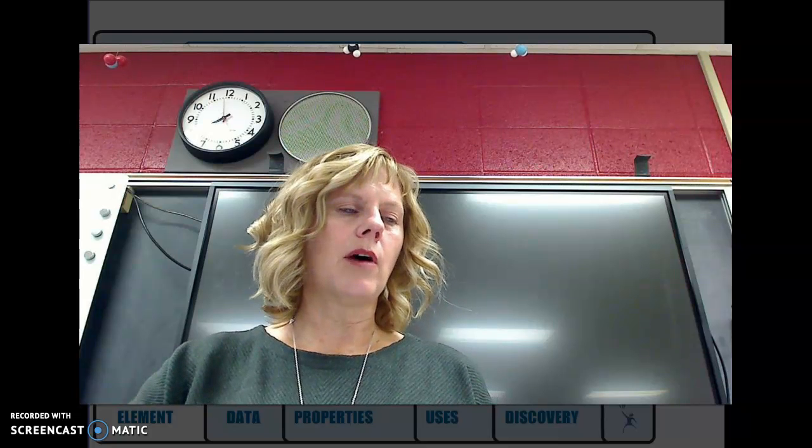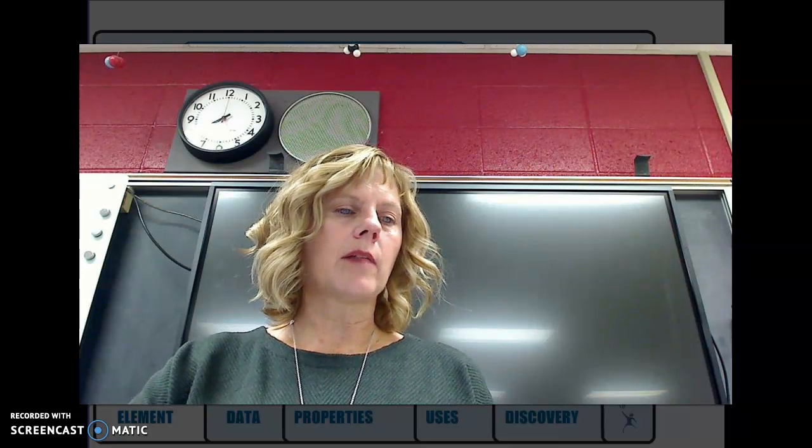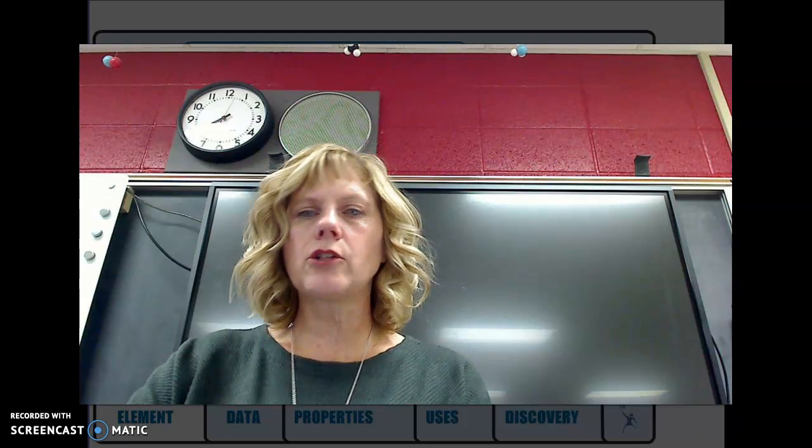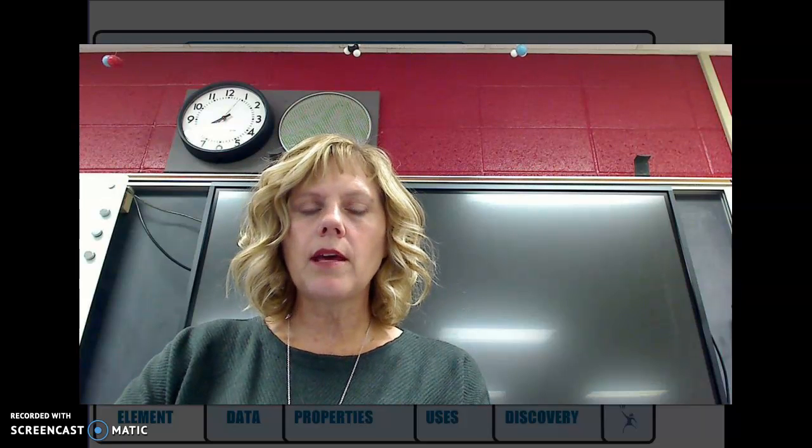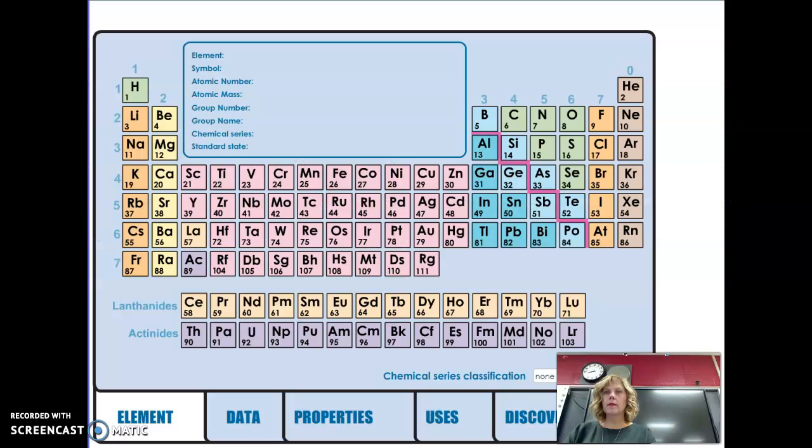It says find all the elements that end with a single s electron. Looking at the periodic table, number 1 is find all the elements that end with a single s electron.